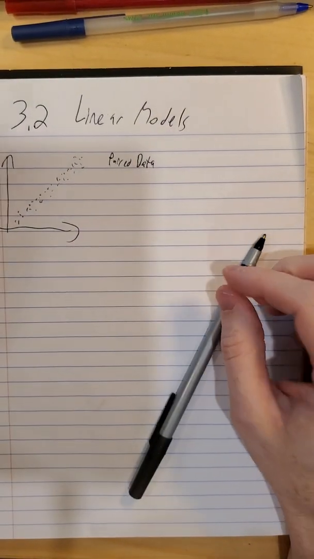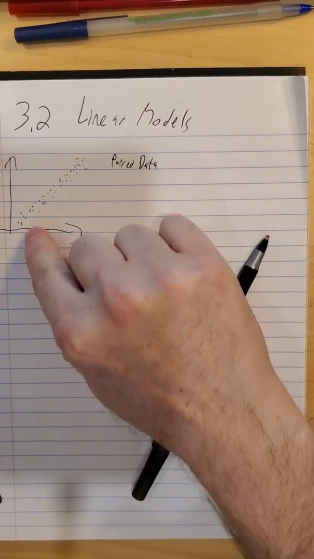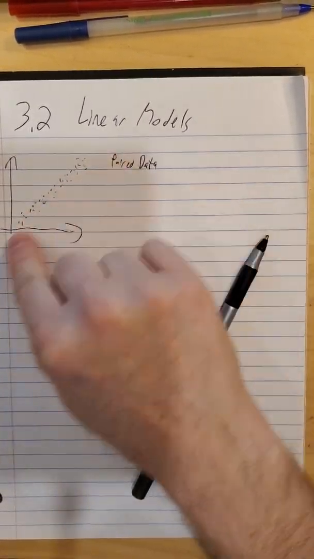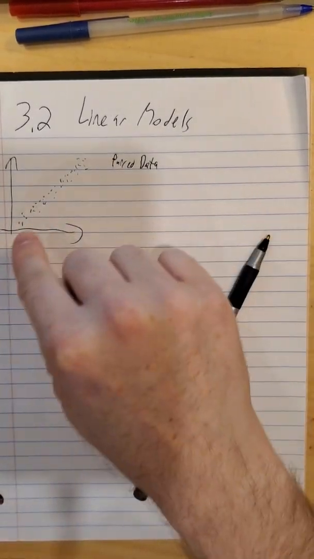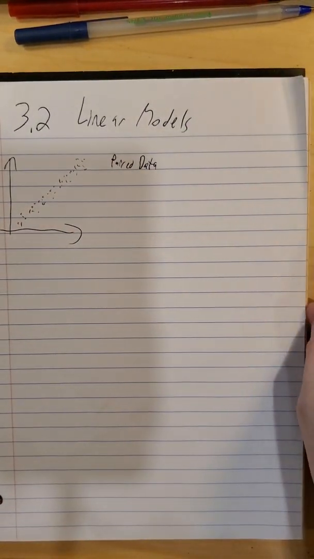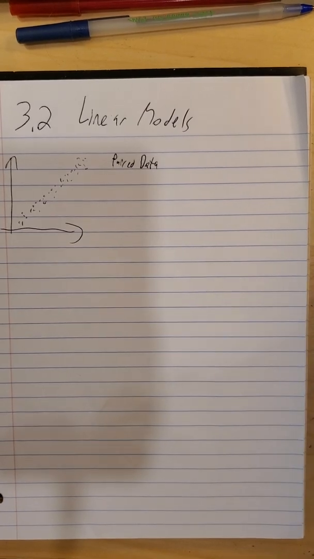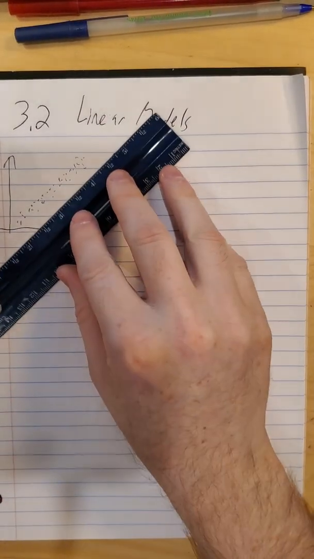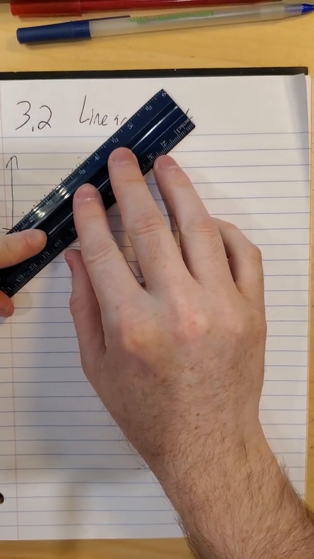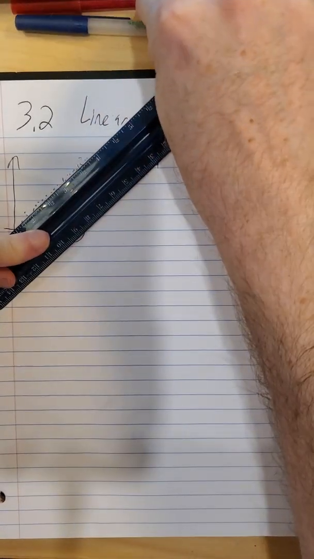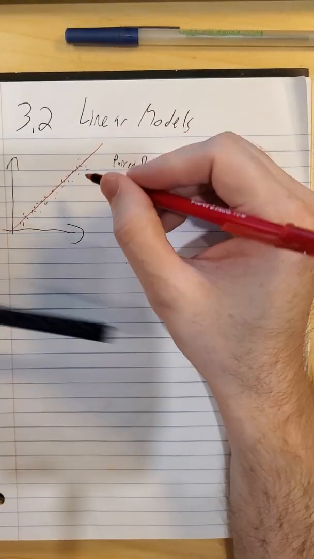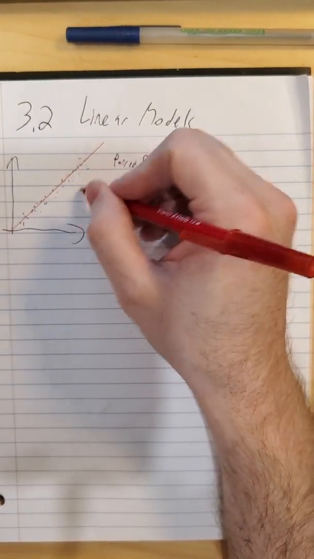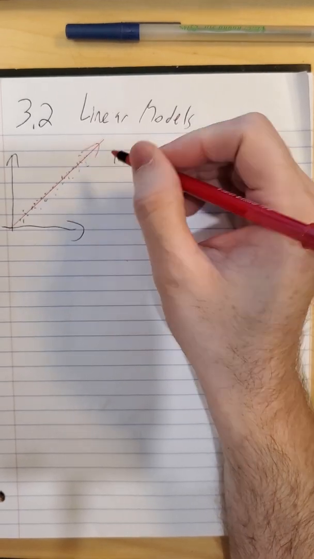While I can't draw one line and hit every single one of those dots, I would not be able to hit them all with one line. Overall, you can see a pattern. As you move from left to right, there's a definite pattern that the inputs and outputs are following. As your inputs are getting higher, your outputs are also getting higher.